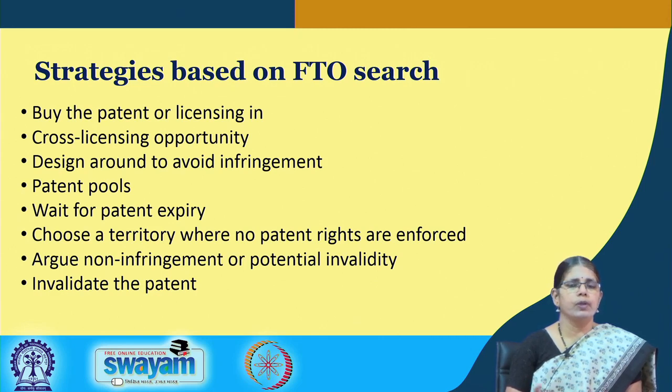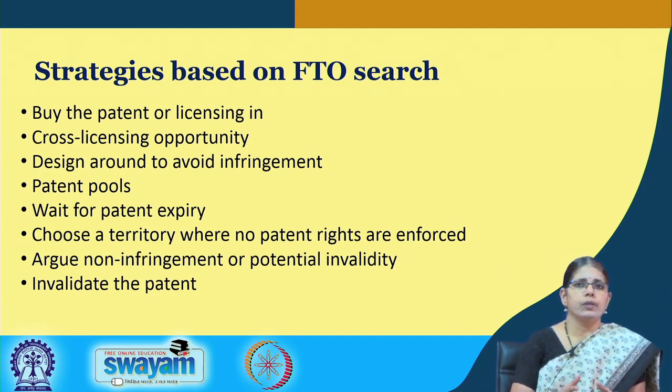When you see an opportunity in the market that you can actually make a good profit of the product, you can actually also plan for what we call an invalidation of the patent. So, in an FTO search, you are also actually assessing the patent strength of the competitor's patents.